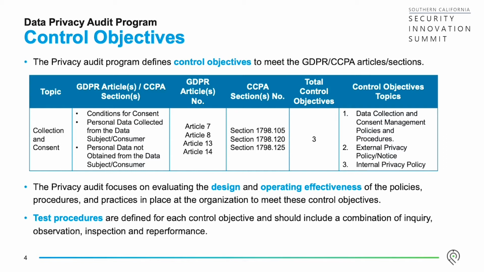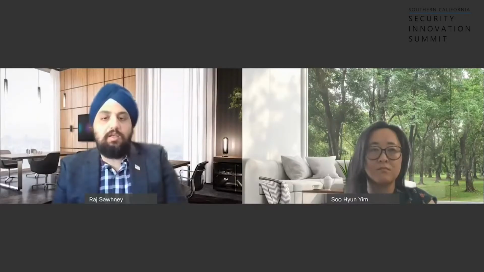We've done that as a way of helping auditors create audit objectives that can then be executed to help meet the requirements, for example, for CCPA or GDPR. If you are interested in that, then we can help you create a robust audit program in line with those requirements as well.